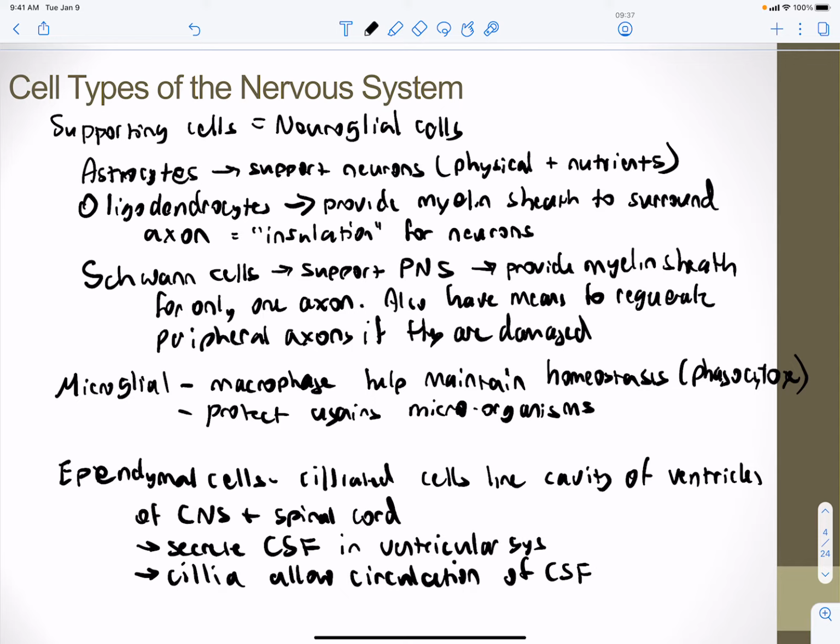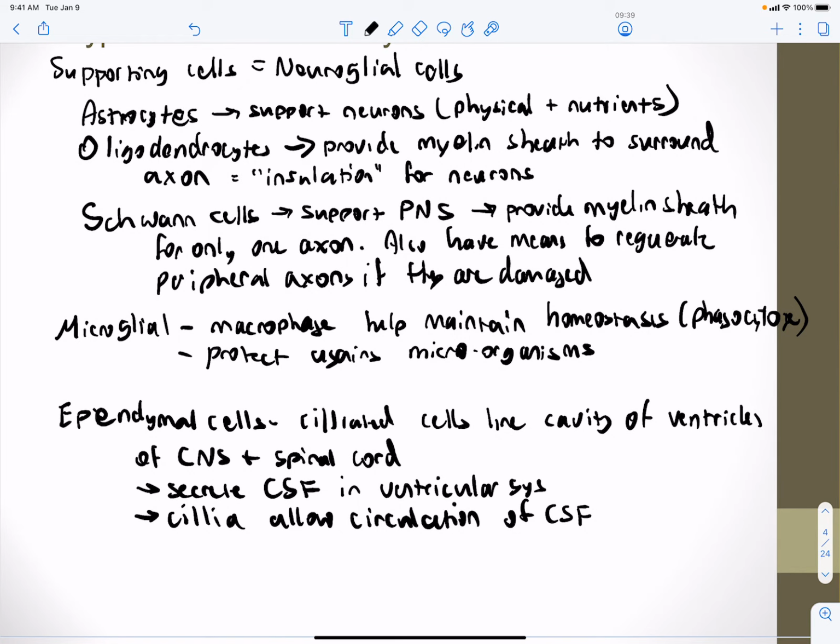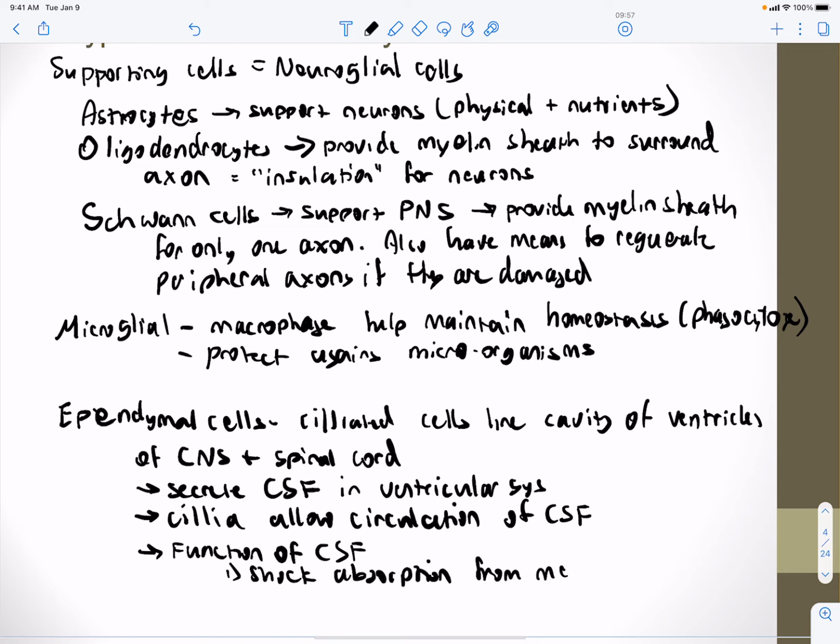Now, cerebrospinal fluid, of course, has a function, and it's going to be a shock absorber for mechanical stress. It's also going to remove metabolic waste and can act as stem cells and regenerate neurons.